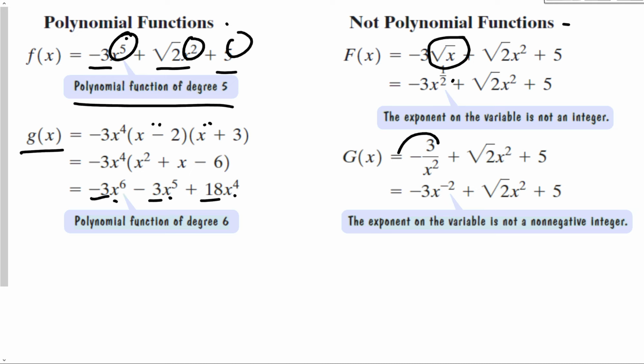Just like right here, that term makes capital G of x not a polynomial function either, okay? Because we have x to the negative 2 power. That is not non-negative. So all of my exponents must be non-negative integers. All my coefficients must be real numbers.